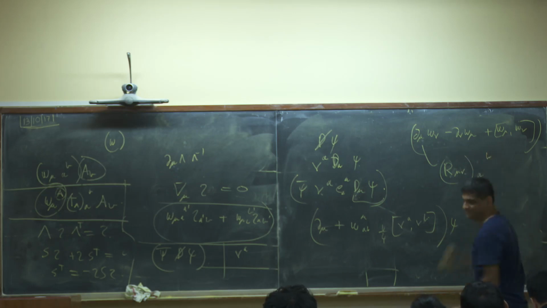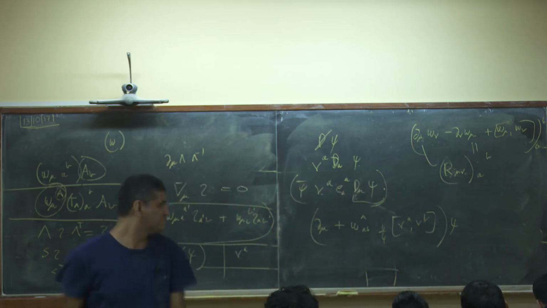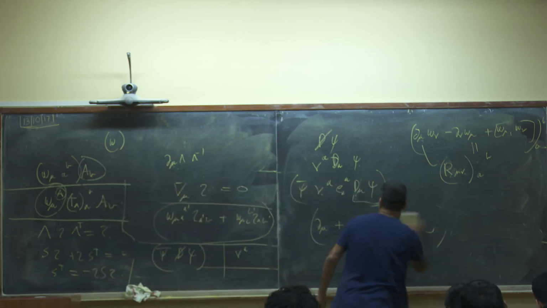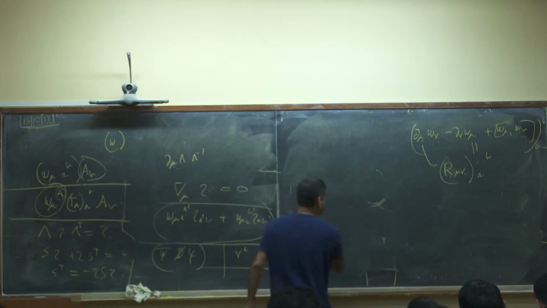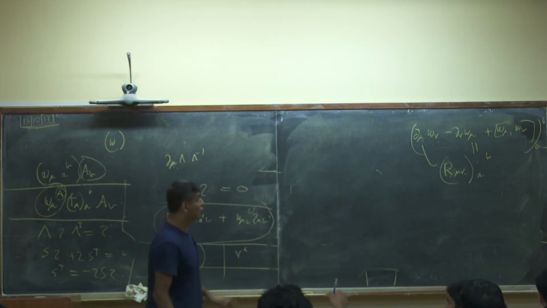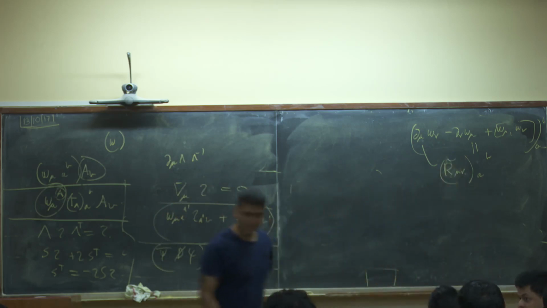I'll write them. R mu nu AB is equal to this object. This can be proved. This is my definition so far. Let me call it R tilde.